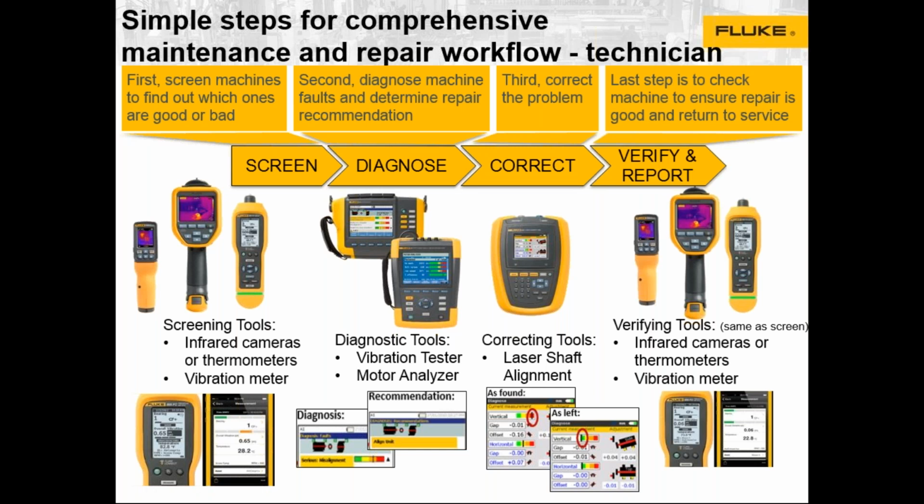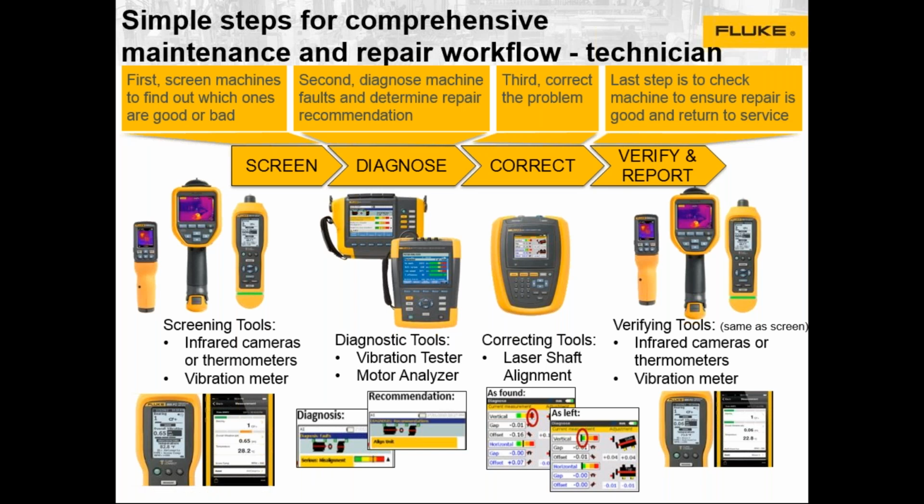And then finally, we need to screen our machines one more time to make sure it's good. Before we return a machine to service, let's do a quick test and say, did we fix it? So you see the whole flow path from left to right, and this is all a matter of just an hour where we found out that a machine had a fault, we found out what that fault was and how bad it was, and a recommendation.